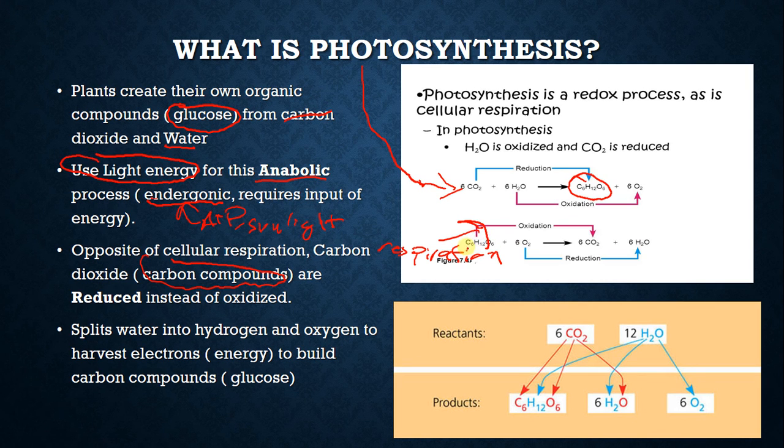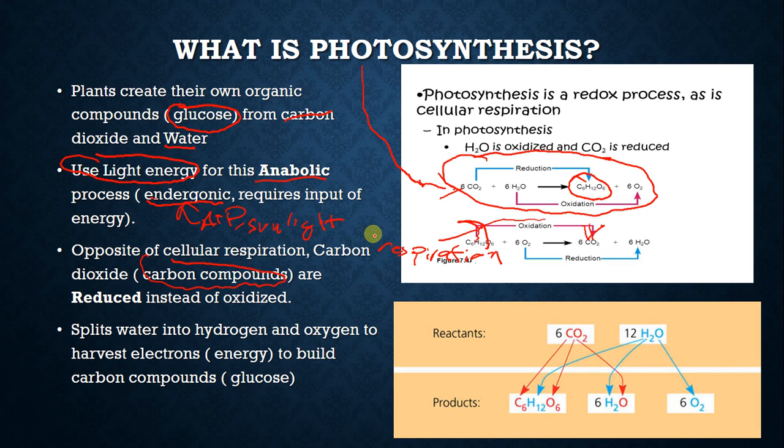We learned about NADH and FADH2. We're removing electrons, oxidizing glucose, and splitting it into simpler compounds, CO2, using those electrons to form ATP energy. And finally, at the end of the electron transport chain, our oxygen is taking those electrons. So chemically, it's the very opposite.